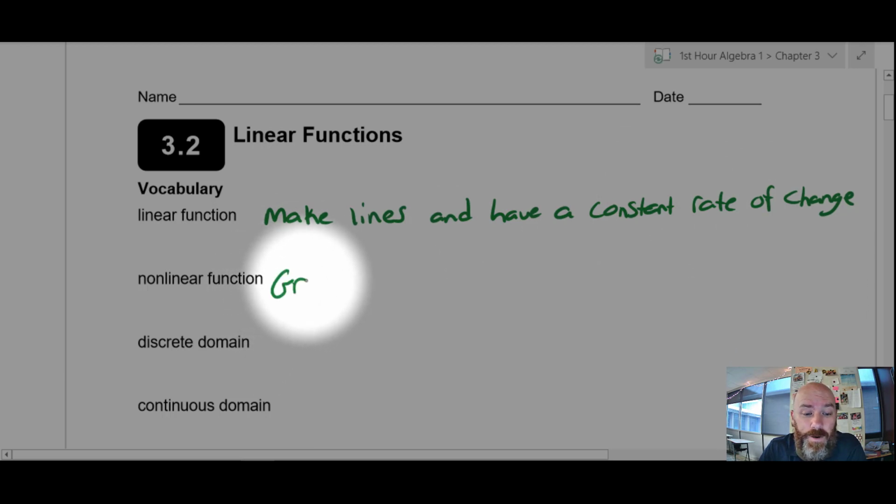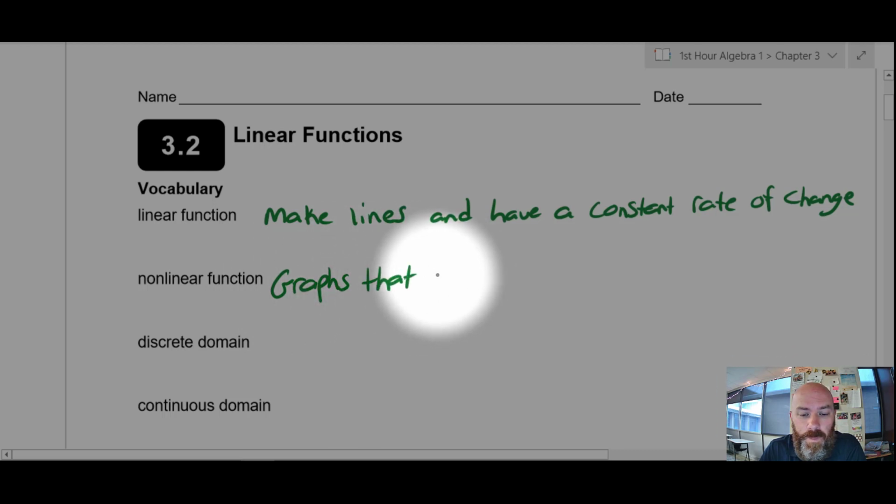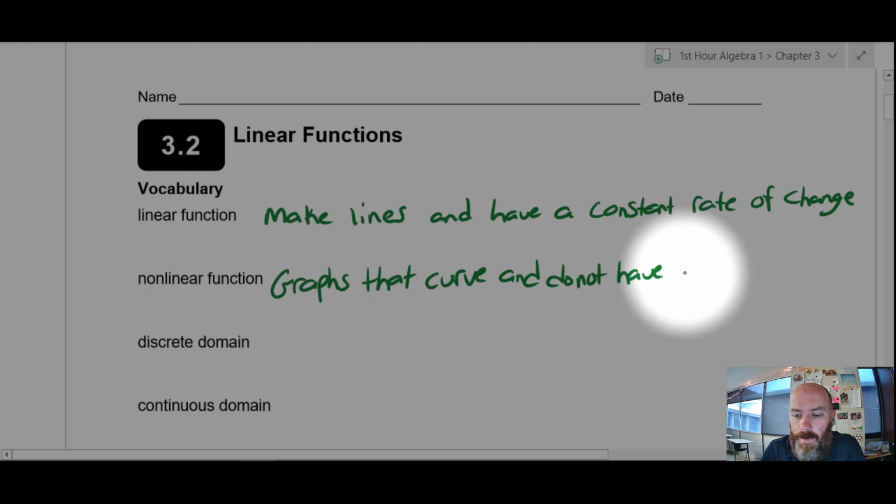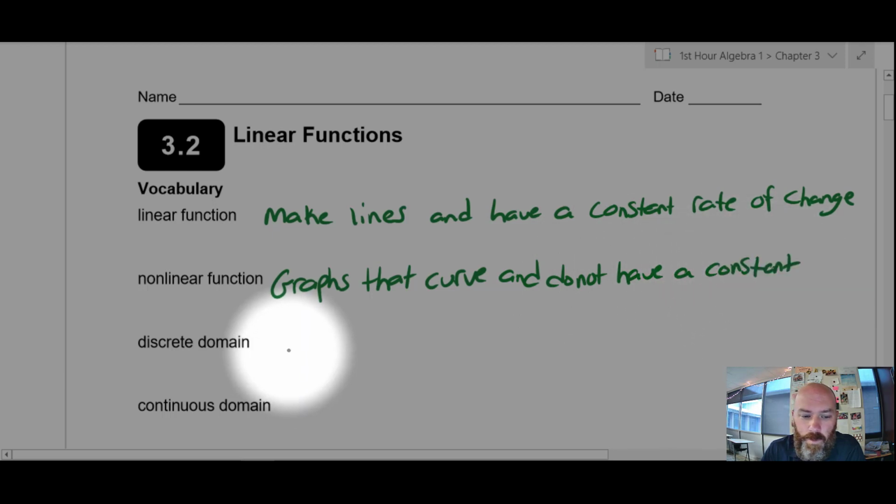So these are graphs that curve, and do not have a constant rate of change.